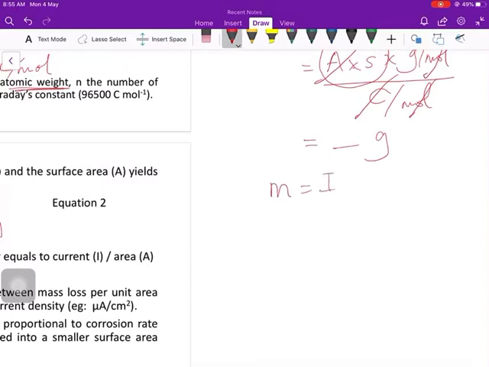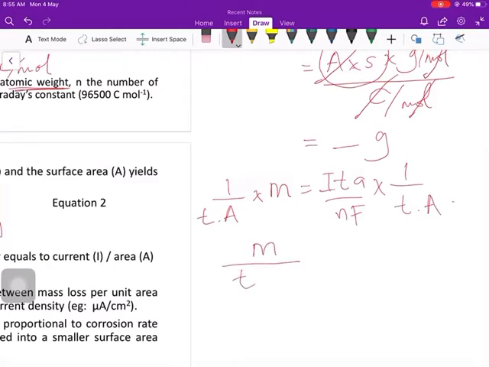You just take the first equation, which is m equals I t A over n F, and divide both sides by time and area, the left as well as the right. Here you will get a new expression, mass over time and area.